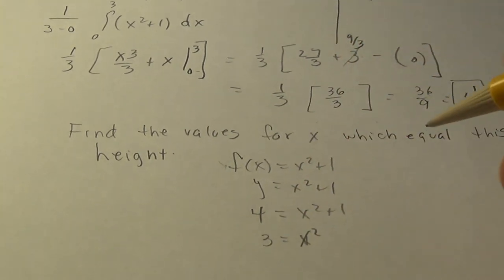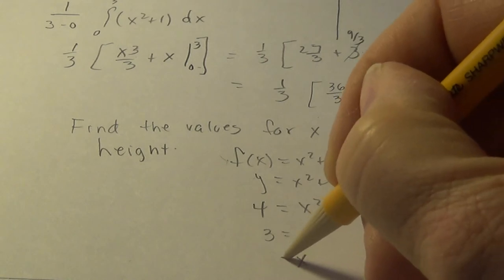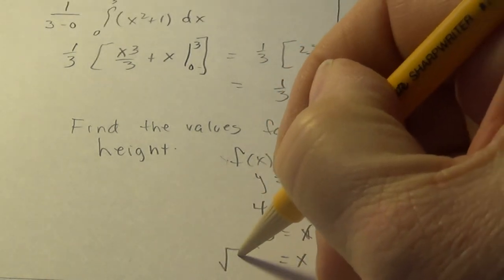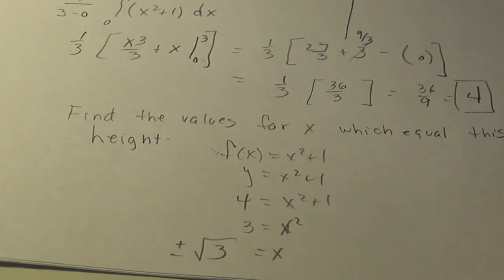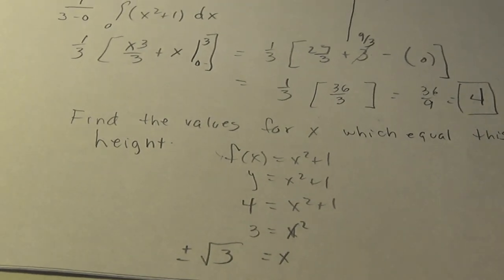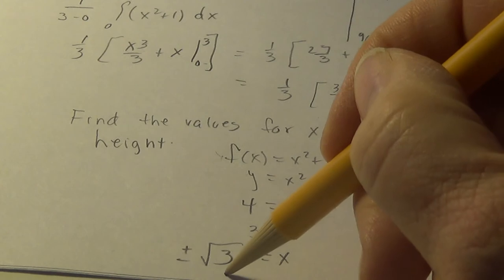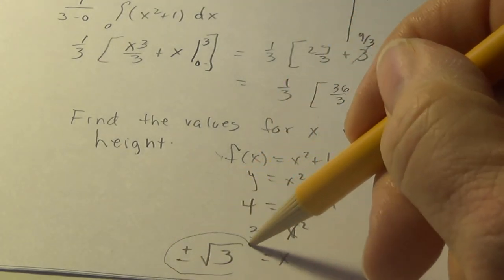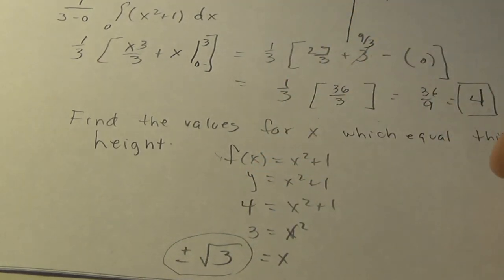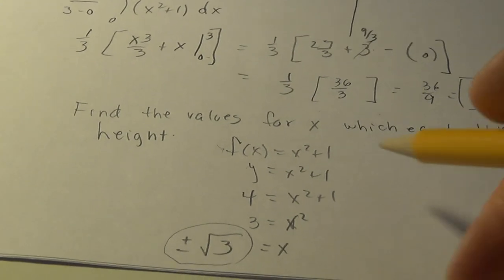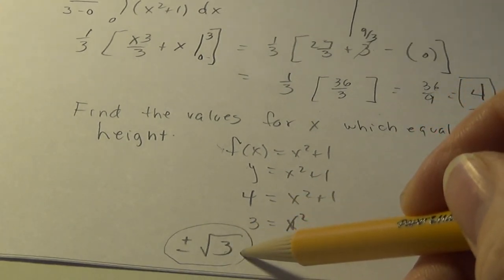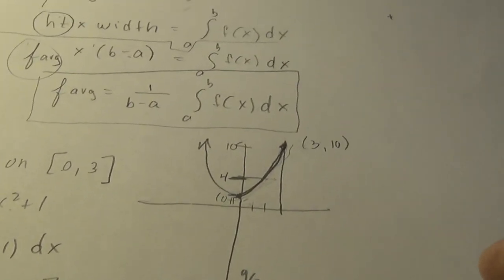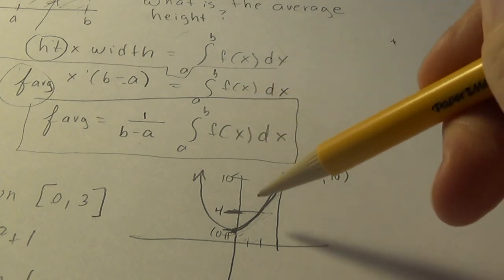So solving this, you move the 1 over, take the square root. And recall, when you take the square root of both sides, you get a plus and a minus. So the only thing is, when you do that, in our scenario, both are mathematically answers of this equation, but do they make sense for us?